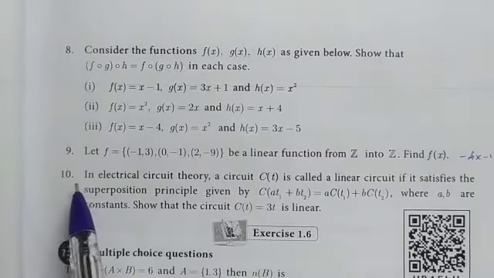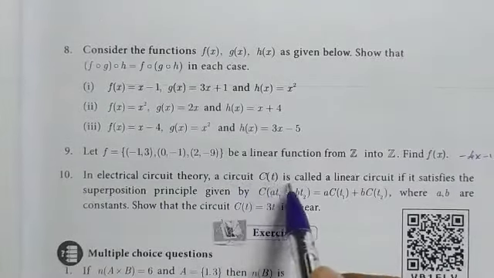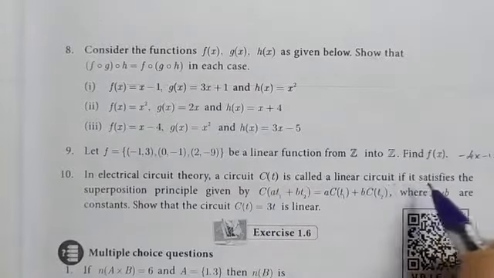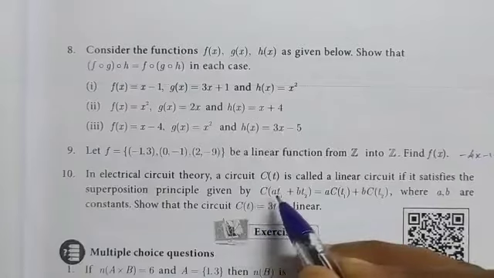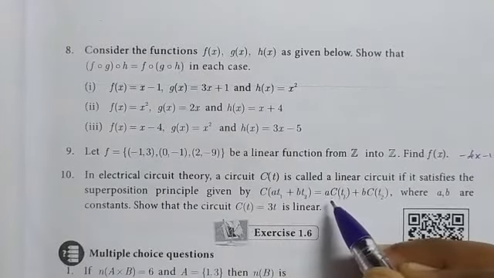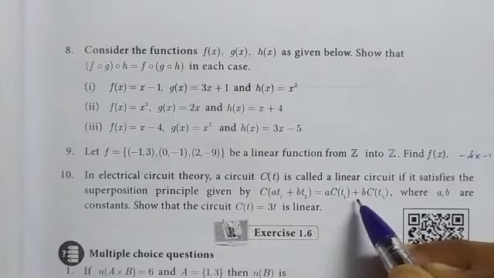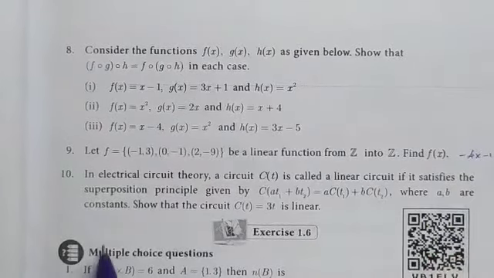10th question. In electrical circuit theory, a circuit C of t is called a linear circuit if it satisfies the superposition principle given by C of at1 plus bt2 is equal to a into C of t1 plus b into C of t2, where a and b are constants.